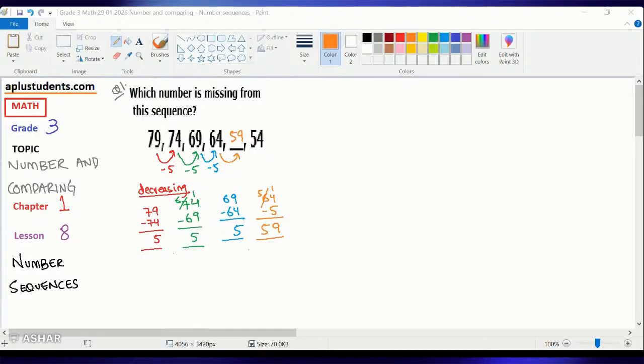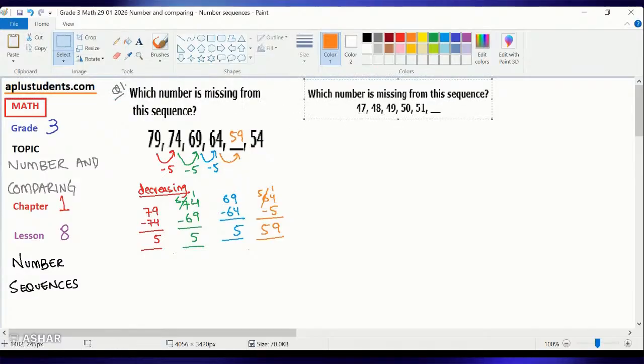The next question says, which number is missing from the given sequence? The first and foremost important thing is we need to see whether this sequence is increasing or decreasing, right? There are only two options. Either it would be increasing or it would be decreasing. Okay, so let's have a look at this question.